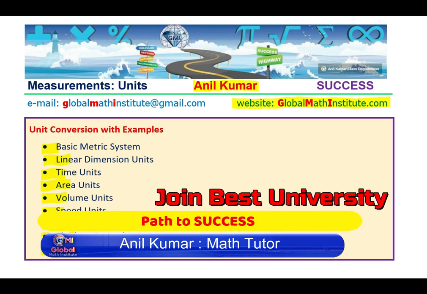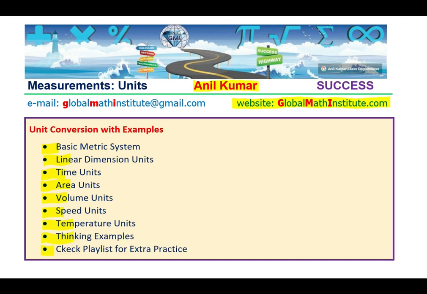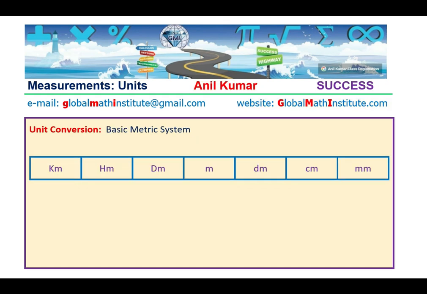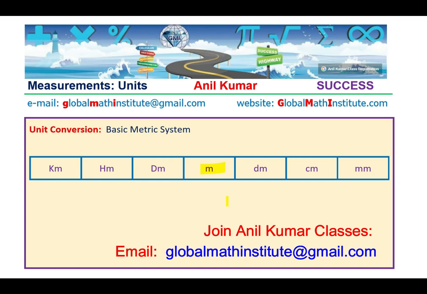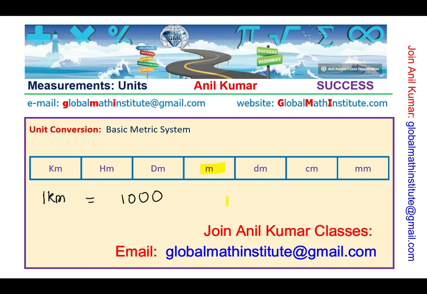Now, let's begin with how do we convert units? We'll begin with the metric system. Take just a couple of examples. Let's say if we have meters right there, then you see that there are units which are bigger than meters and which are smaller than meters. For example, 1 kilometer is actually equal to 1000 meters.